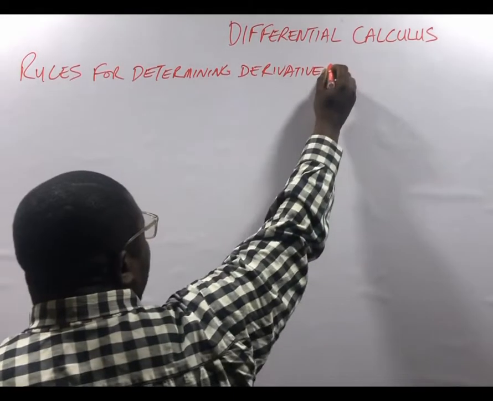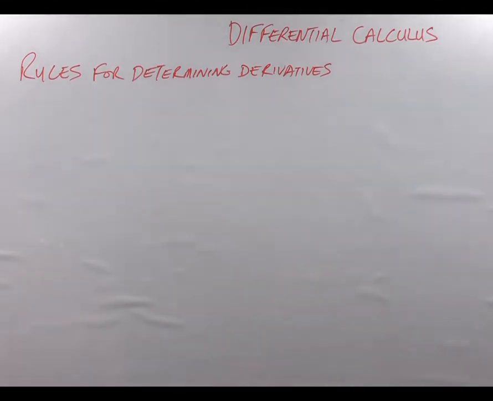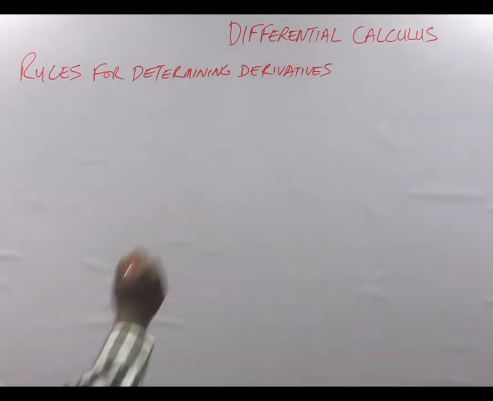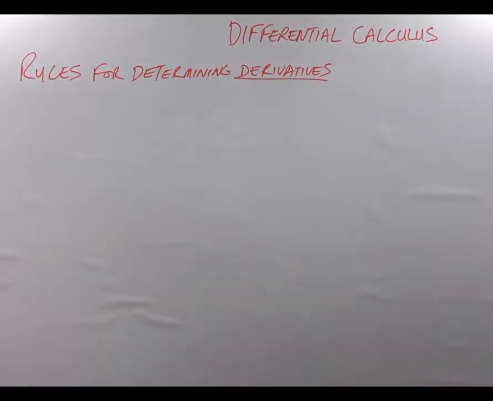When we differentiate a function, we call the results derivatives. When we differentiate a function, the outcomes are derivatives.